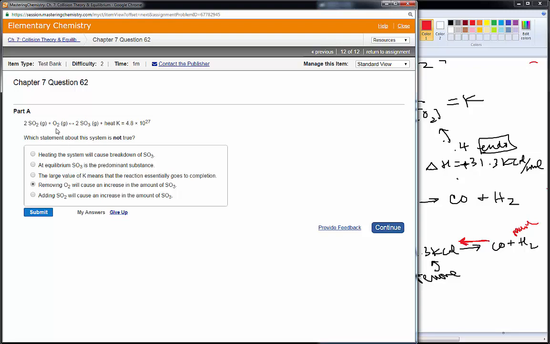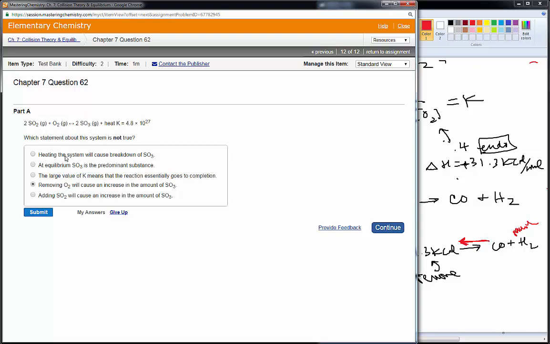Removing O2 would cause an increase in the amount of SO3? Probably not, because if I'm removing a reactant, then I'm going to go to form more reactants. So this is a possibility. Let's see. Adding SO2 would cause an increase in the amount of SO3. Yes, because adding a reactant offsets that to form more products.